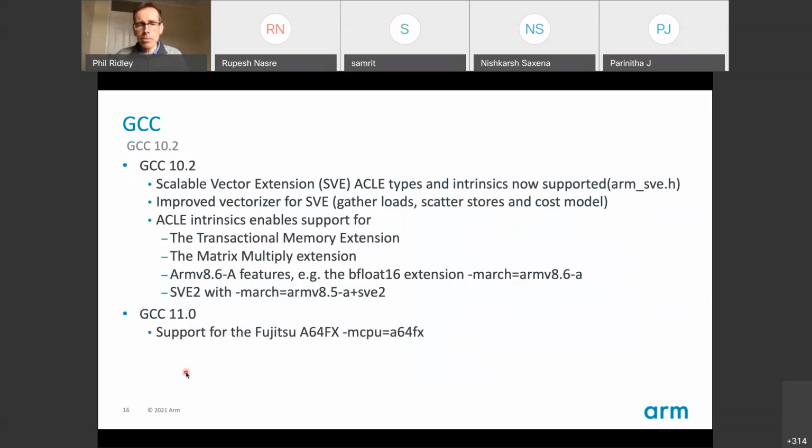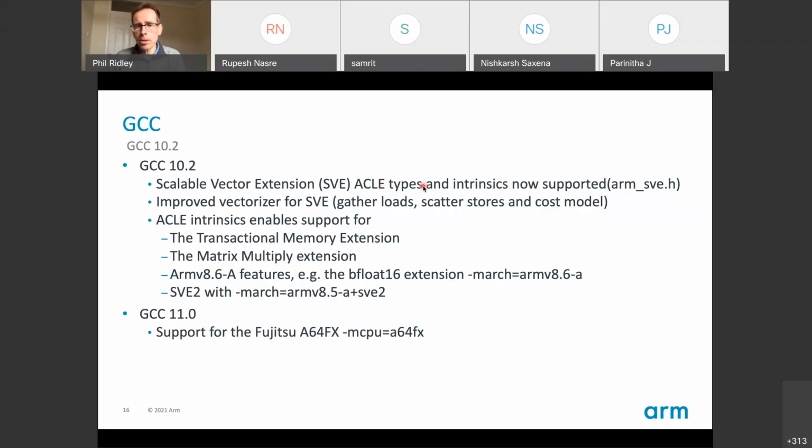So in terms of what GCC offers for ARM, well, it's quite a lot. GCC 10.2, which is the current GCC, does have a lot of optimizations available for ARM-based architectures. You can see that there was work recently added for SVE. You can use ARM C language extension type intrinsics, which I'll talk more about tomorrow.